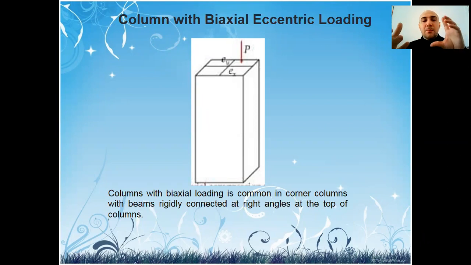Biaxial bending affects columns where a load is eccentric about both axis planes, placed upon a portion of the column which is not symmetric with the central axis, thereby producing bending.